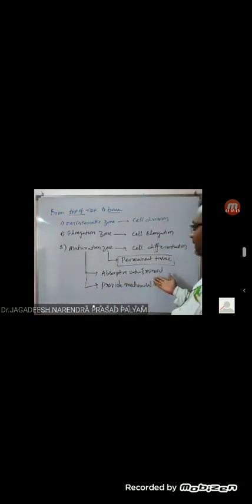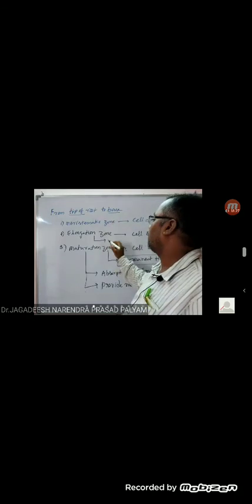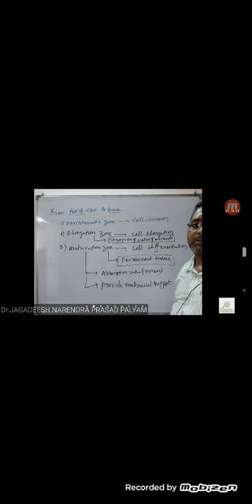I have very clearly written here. Actually, absorption of water and minerals is done by both the maturation zone and the elongation zone. Very, very important. This zone can also carry out absorption of water and minerals. Both elongation zone and maturation zone.